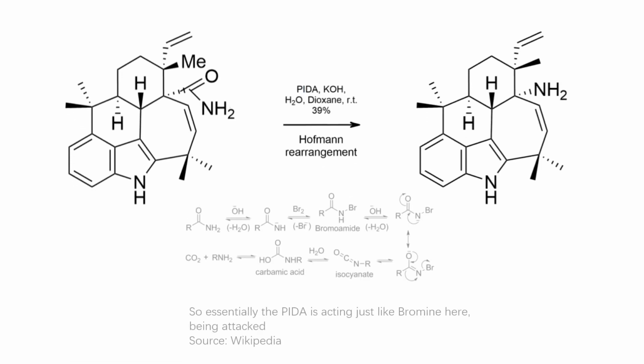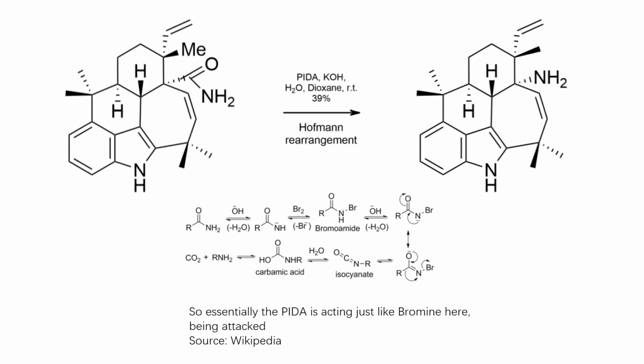Let's see the mechanism. Now this is from Wikipedia again, just like the nitriles reaction. I took it from Wikipedia because I've checked it myself. I think this is a fair mechanism. Yeah, just like this. This is what happens. You can check it yourself.